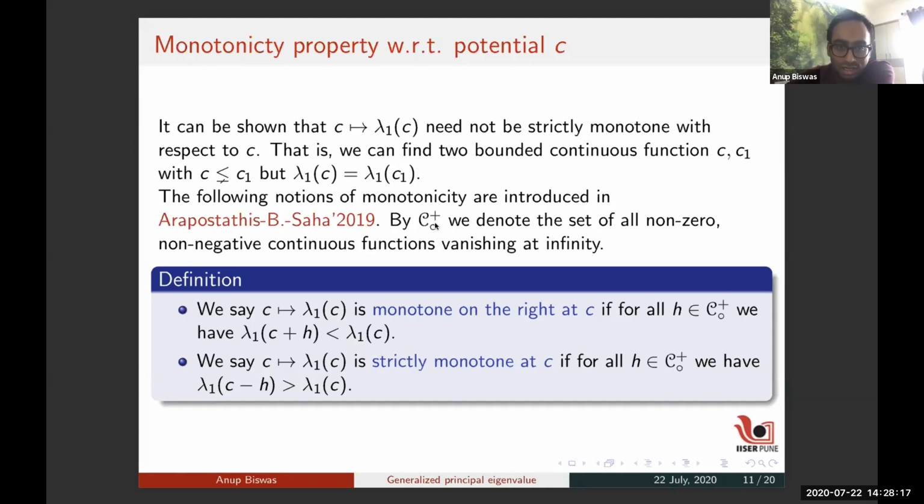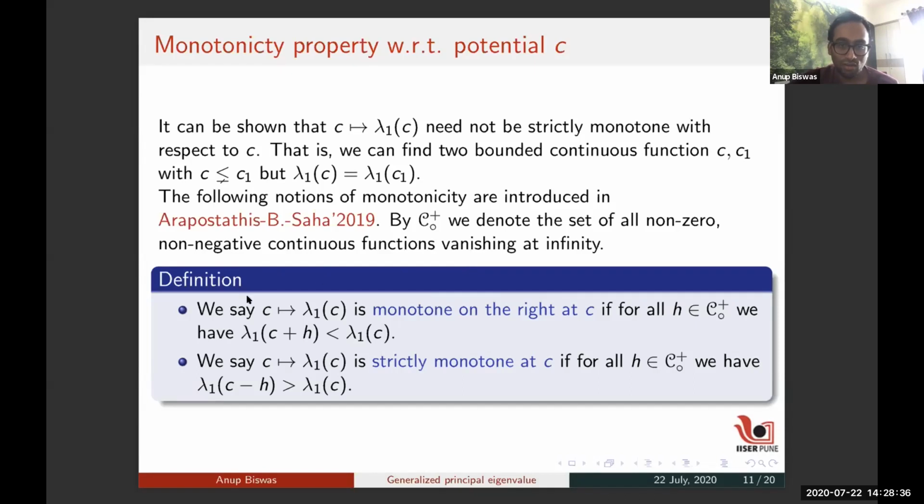You take C naught plus. This is a collection of all functions which are non-zero and non-negative, and vanishing at infinity. So you take all the continuous functions which are non-zero somewhere and non-negative, cannot change sign, but vanish at infinity.